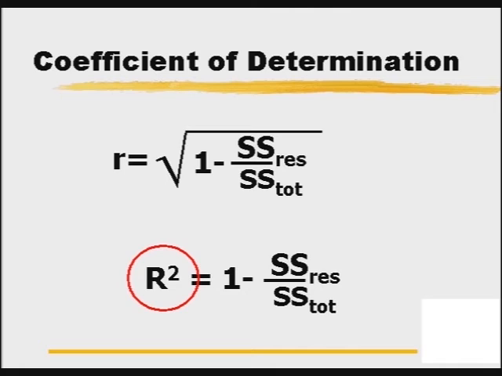So these are the same sums of squares that we saw with analysis of variance and within variance. So 100% minus the amount of error gives you the amount of variance that is explained by the particular x variable or the combination of x variables.